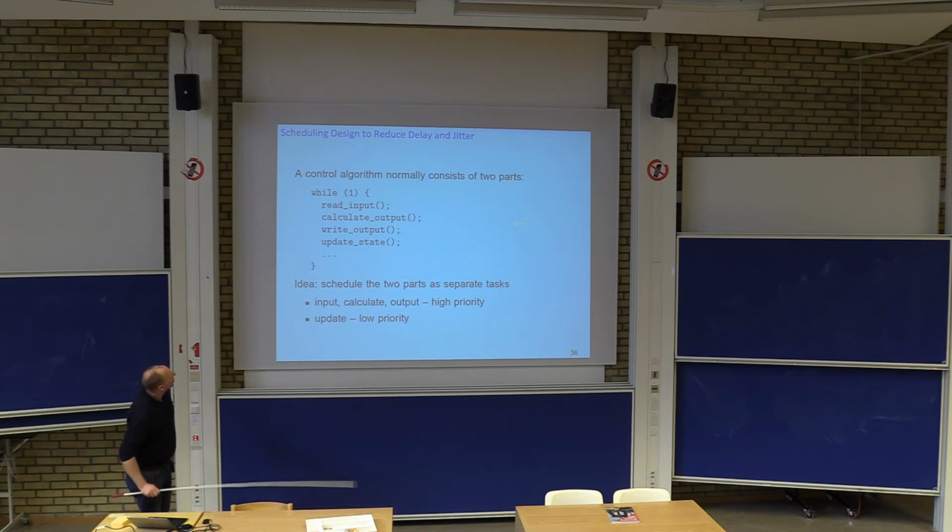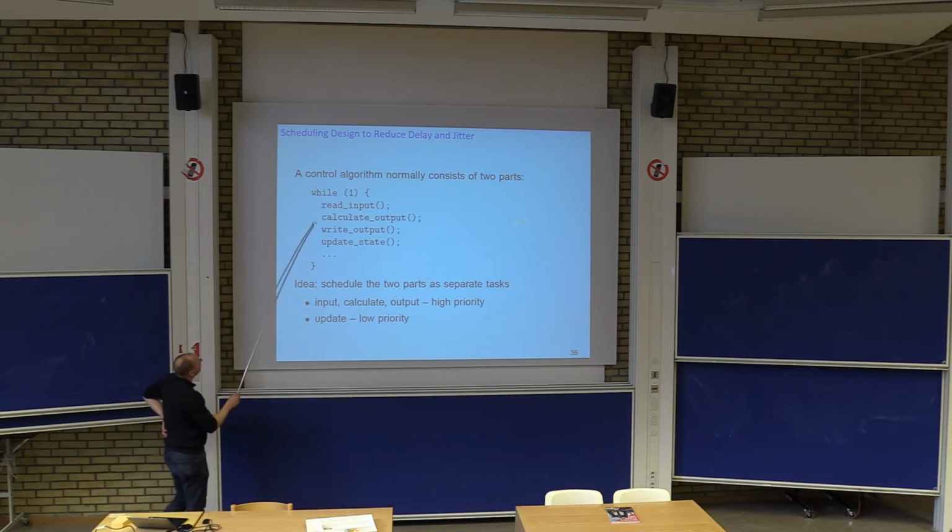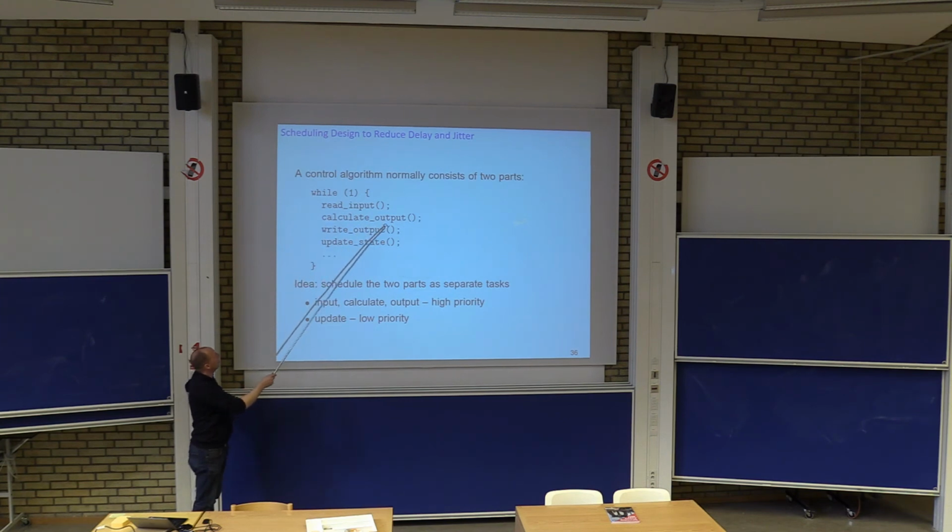This is a control task, written at a very high level. Basically the control task will read its input, then calculate the output, then write the output to the process, and then do some update of its states.